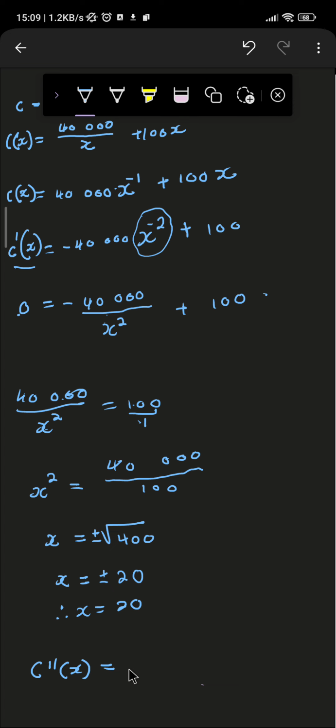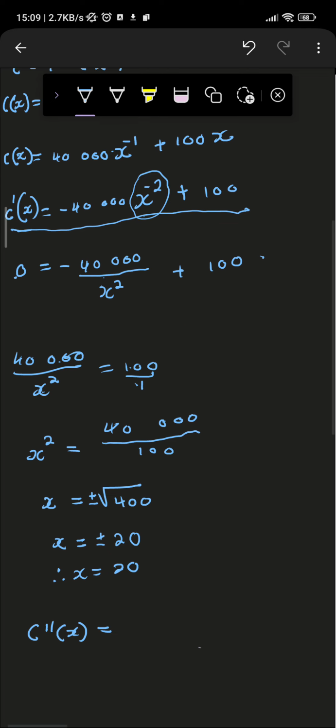Remember when I applied a first derivative, we got this. So we're going to apply a second derivative on this, another derivative on that.